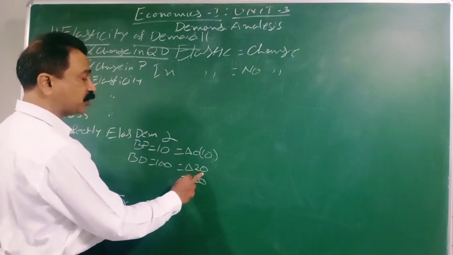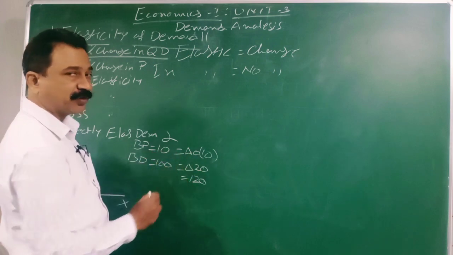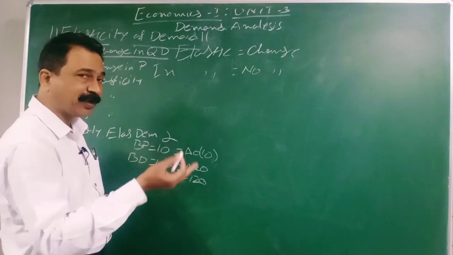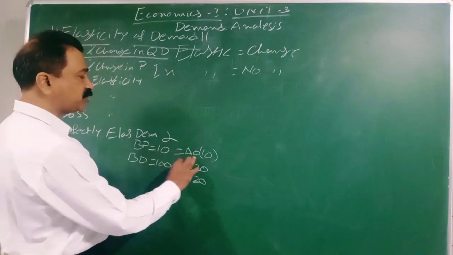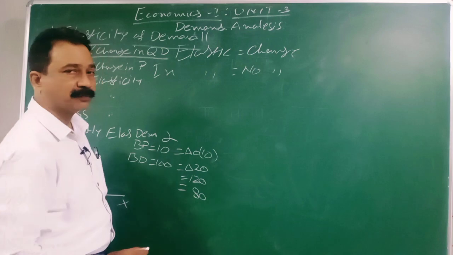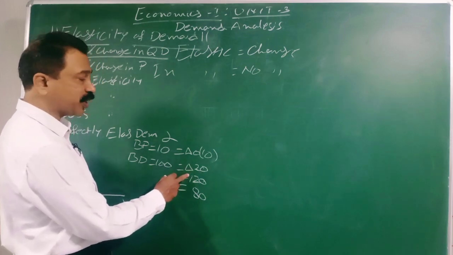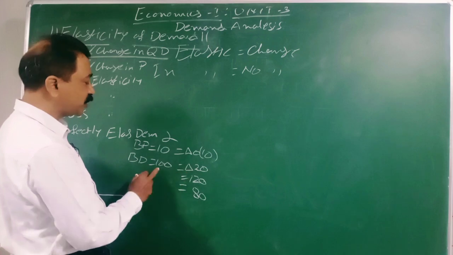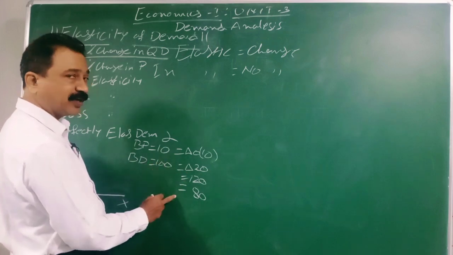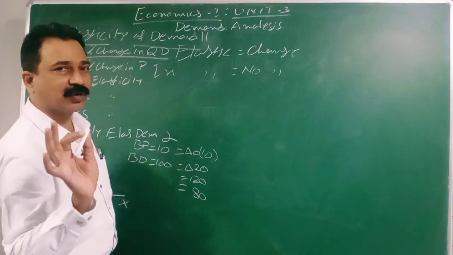Means the change is how much? 20. Change in the price is 0, but change in the demand is 20. It may even happen inversely. Change in the price is nothing, but all of a sudden demand may go to 80. How much did demand change? 20. Instead of increasing, it may even decrease. In both the cases, the change in the price is 0.